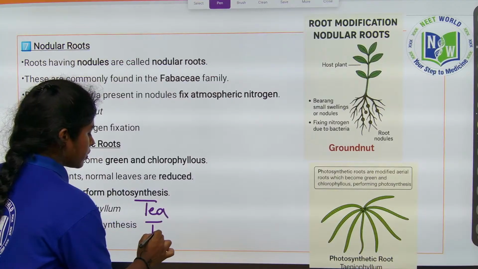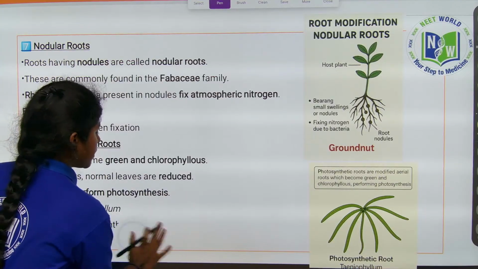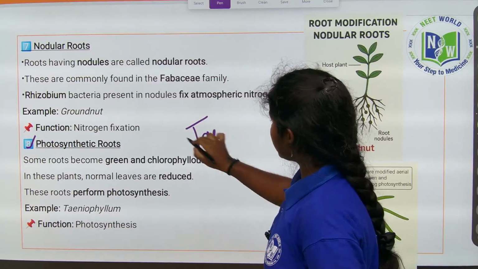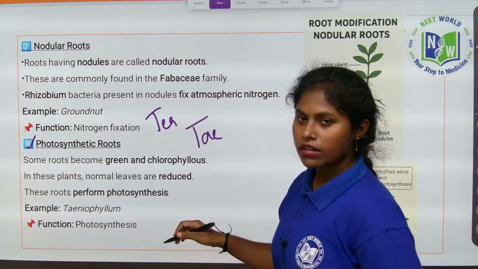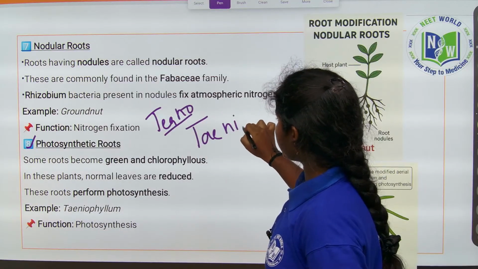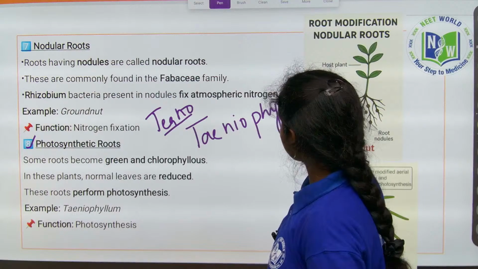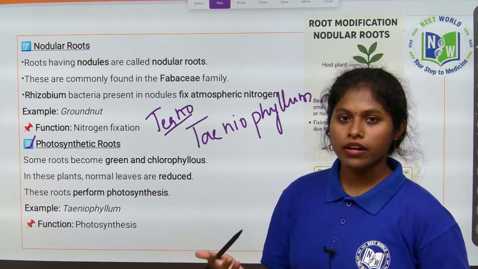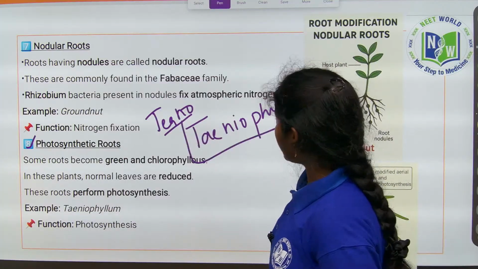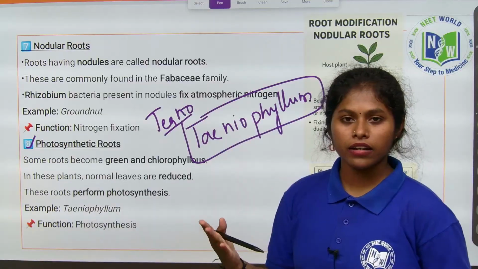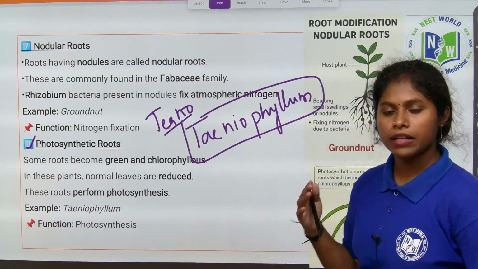Write it like this, and you know the spelling, right? So put an I in between, and then the phyllum. If you feel anything is hard to remember in this type of examples, make it cut, and whatever way you can, make it to remember.